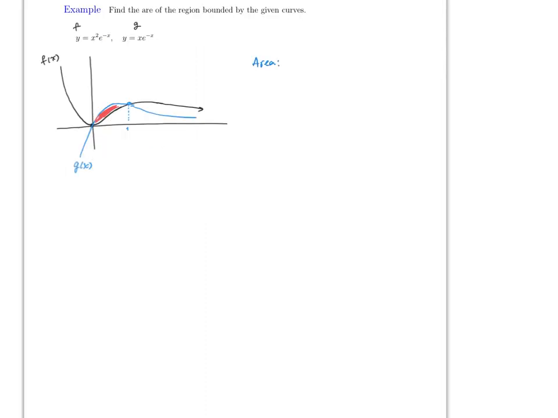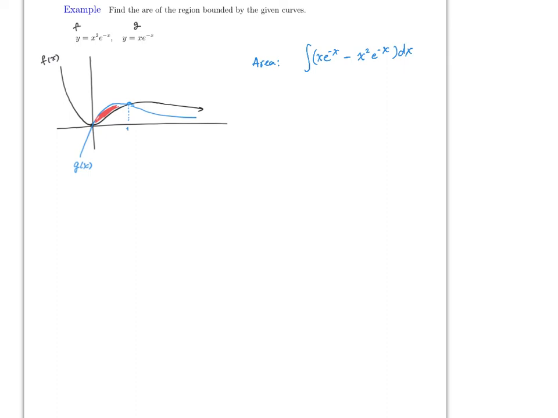Therefore the area, we follow the same formulas from 6.1, it's going to be the integral of the biggest one, which in this case is x e to the minus x, minus the smallest one, which is going to be x squared e to the minus x dx.